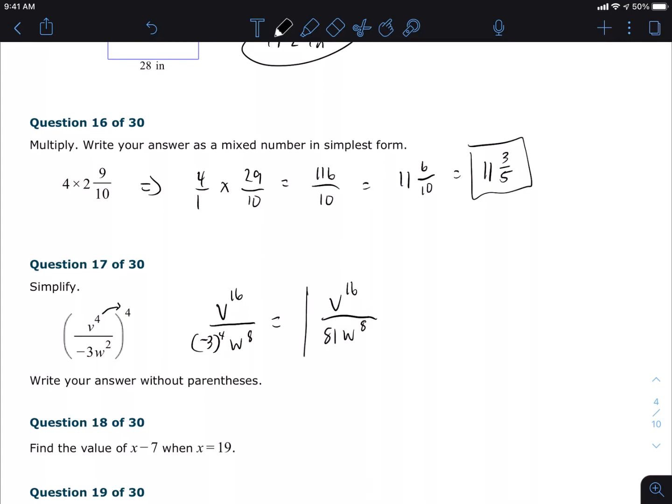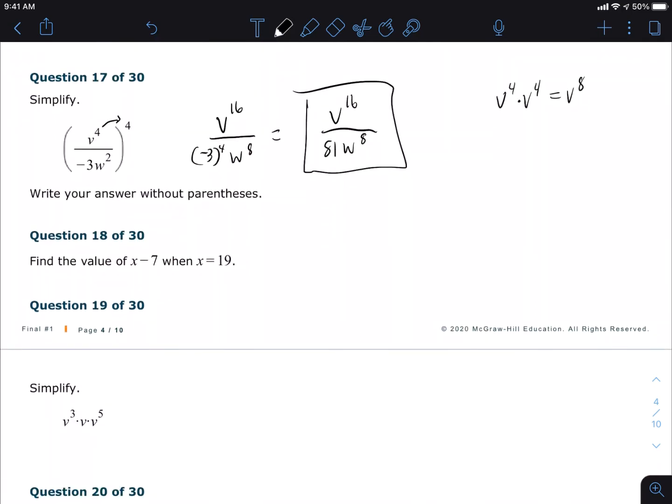W to the 8th. And that's the answer to that one. But remember, exponent raised to exponent tells us to multiply. If I had v to the 4th times v to the 4th, there we add. So make sure that you get the distinction between the two rules. Okay? All right, here's number 18.